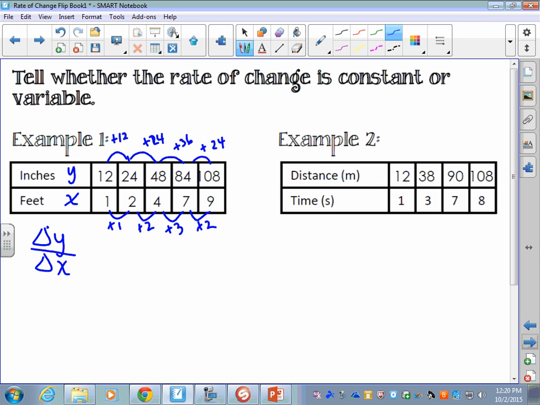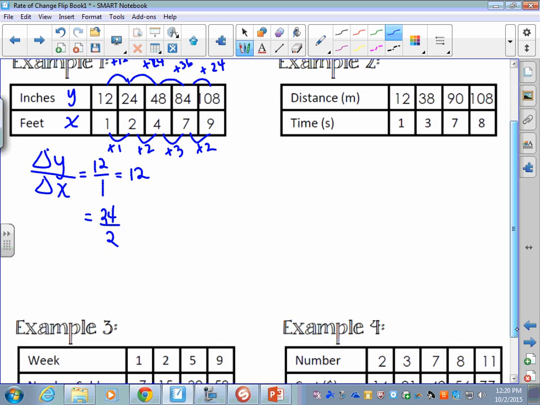It was plus 12, then plus 1. So that's just 12 over 1, right? That just equals 12. Then I look at the next one, 24 to 2. What does 24 over 2 reduce to? It's also 12. Then I go to the next one. We had 3, right?